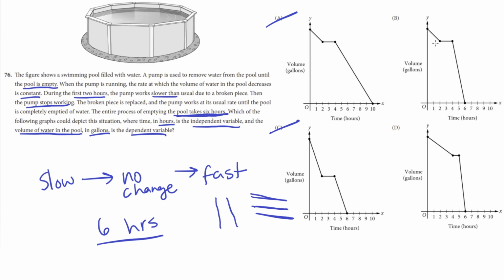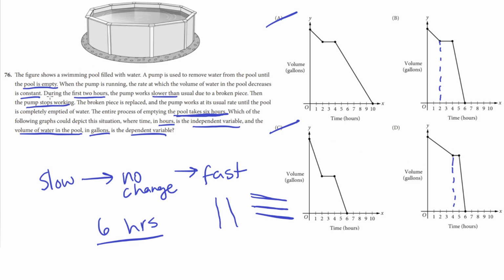that B says the volume was going down in the beginning during the first 2 hours before the piece had to be replaced, while graph D says the volume was going down for 4 hours before the piece had to be replaced.